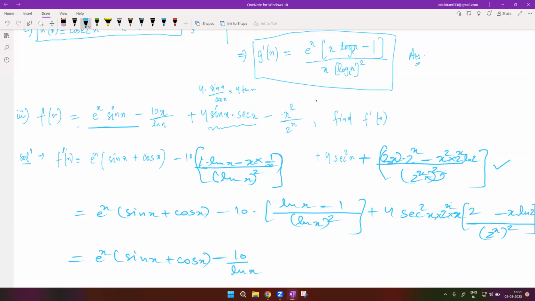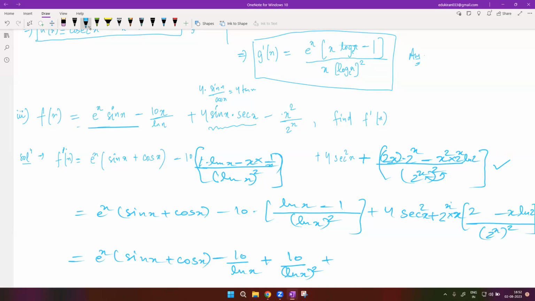Then minus 10 into minus 1, this will be plus 10 divided by (ln x) whole square. Plus, okay, my bad. We have to apply a plus sign. 4 tan x sec x is the differentiation of this term, so we have to put a plus here.